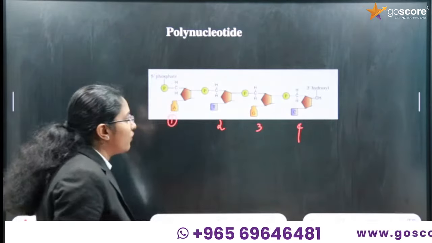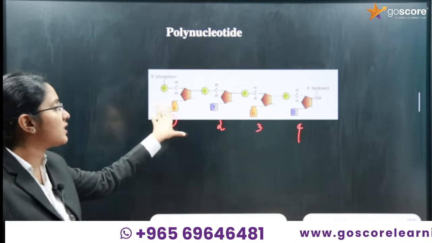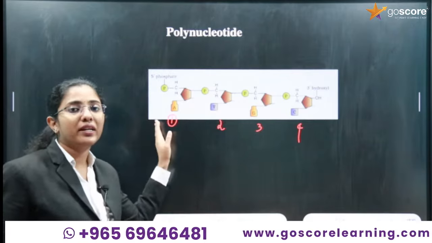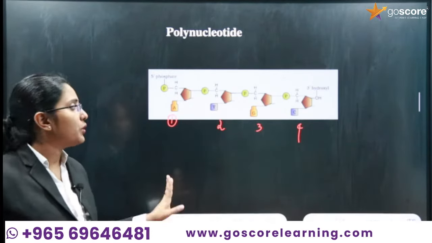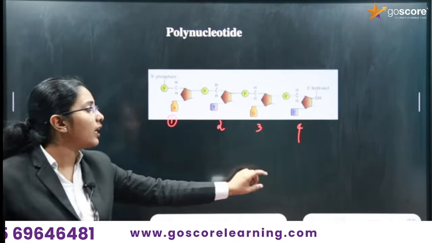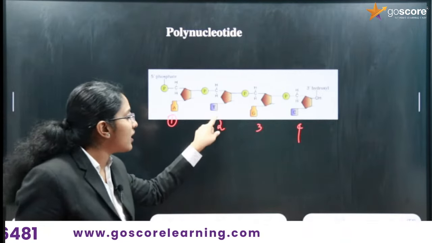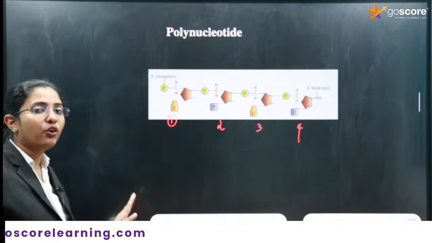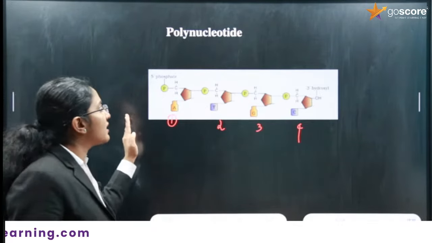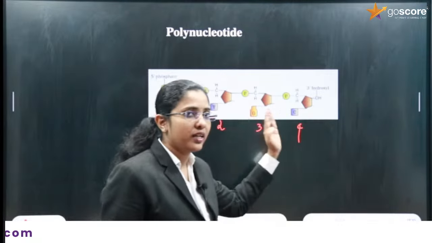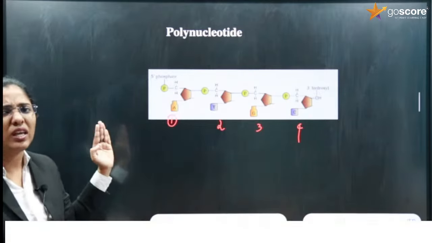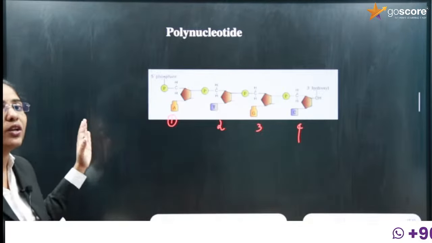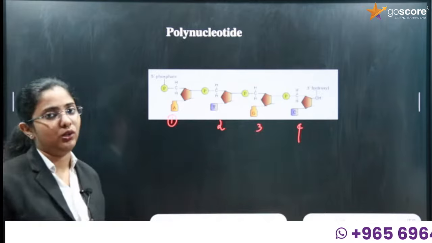When a phosphate group is attached and connected, it becomes a nucleotide and then a polynucleotide. Four different bases are present: adenine, thymine, guanine, and cytosine. Poly means many, so it is known as a polynucleotide.